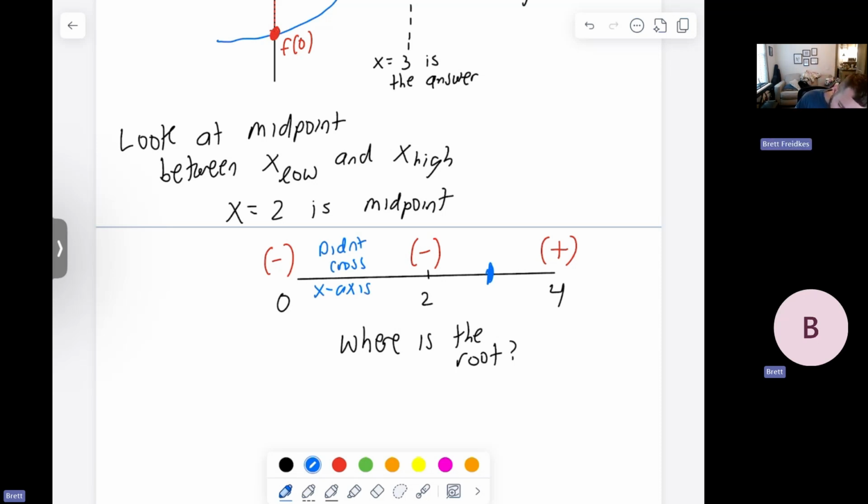But here, if I'm at 2 and then I go to 4 and I go to a positive sign, the root must exist between those 2 points. And that's my new range.